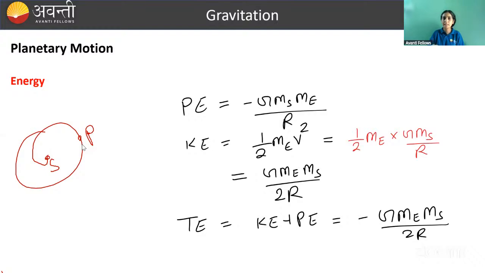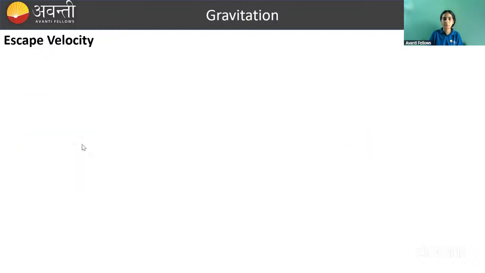Velocity अभी अभी हमने निकाला, put कर दो, you will get this as the answer. And total energy will be the sum of kinetic energy and potential energy. If you add it, minus G M m by 2r. If you look carefully, the magnitude of total energy and kinetic energy is the same, right? कभी कभी कंपैरिजन आ जाता है मैग्नीट्यूड में.